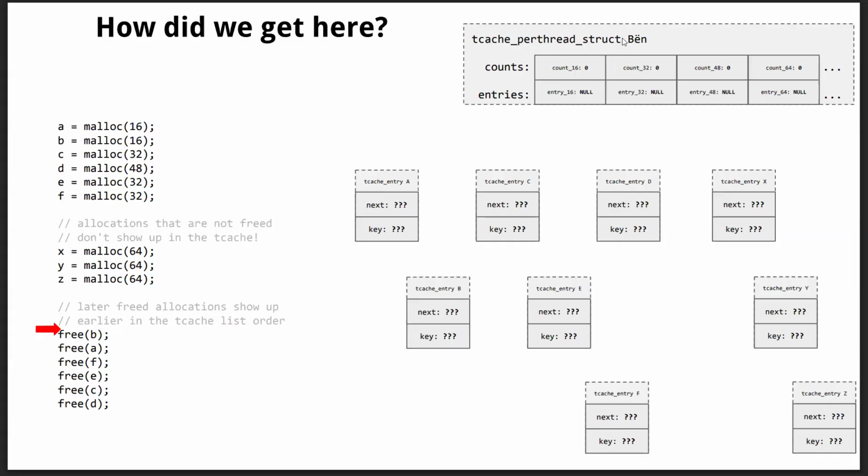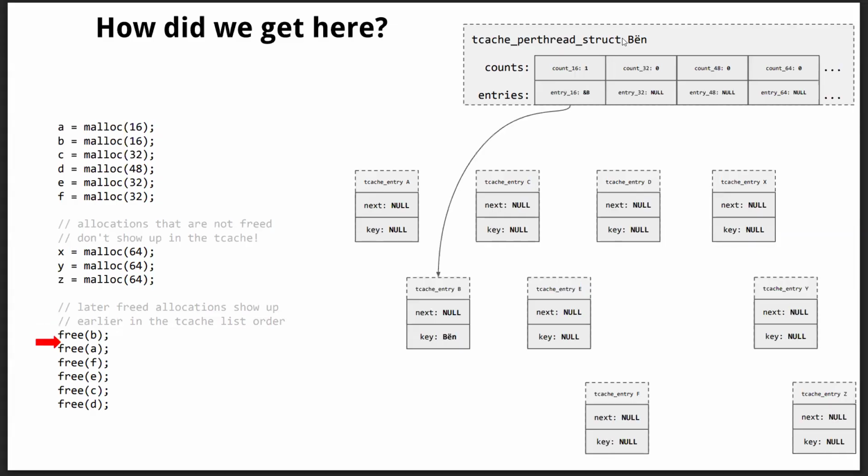Now we are going to free B. When we free that, it means this malloc chunk will be recycled. When we recycle it, we want to put it back to that tcache, per-thread structure, so a later malloc will be able to use it. So when we free B, we first check what the size of B is.